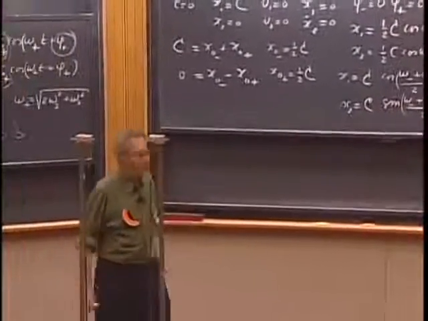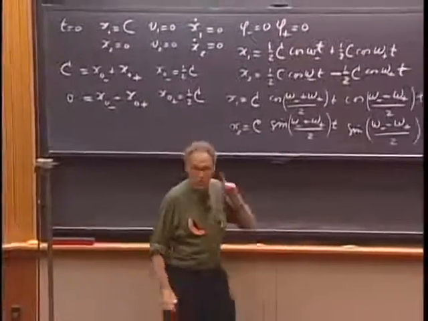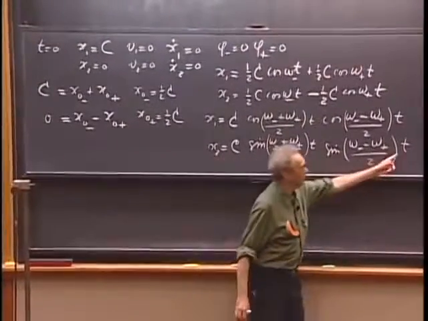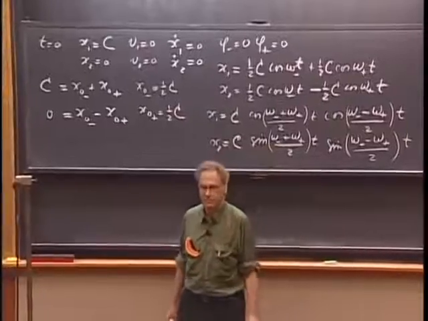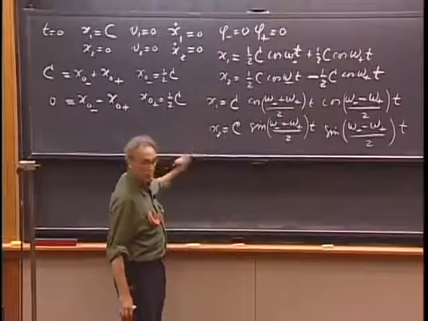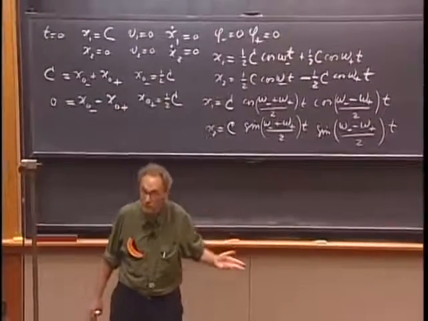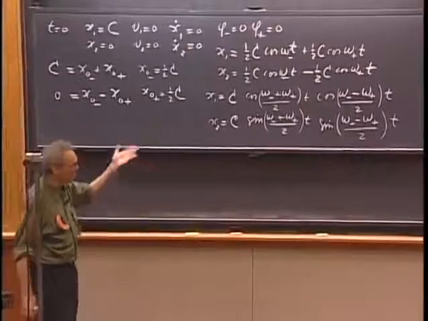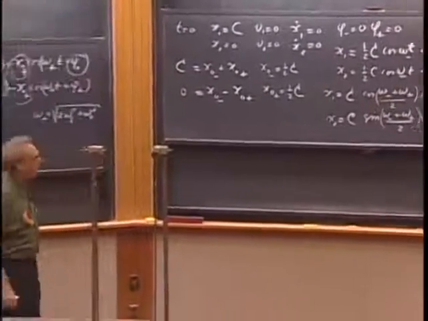Notice, when t is 0, that the sine of this one is 0. Consistent with our initial conditions, x2 was 0, remember? It's all there. The initial conditions are all there, just written in a different form.